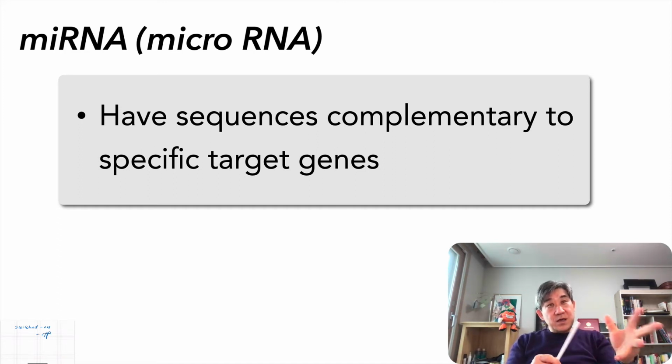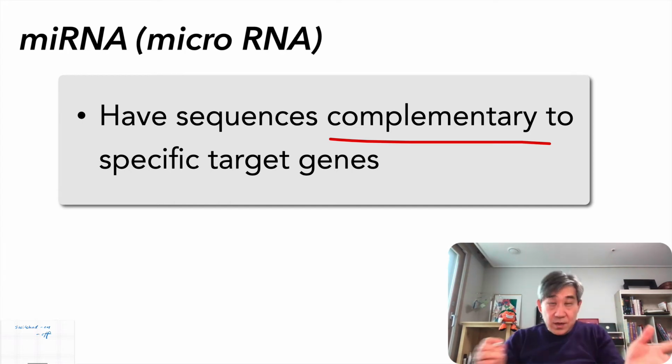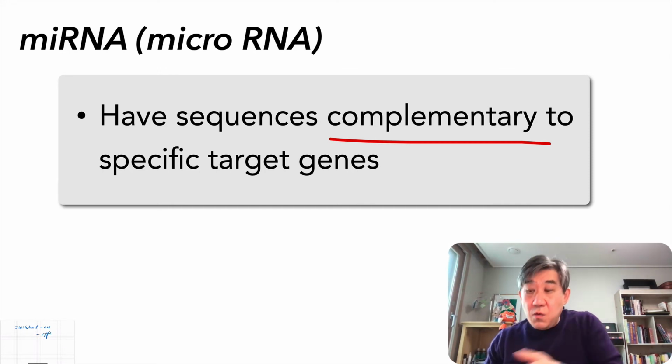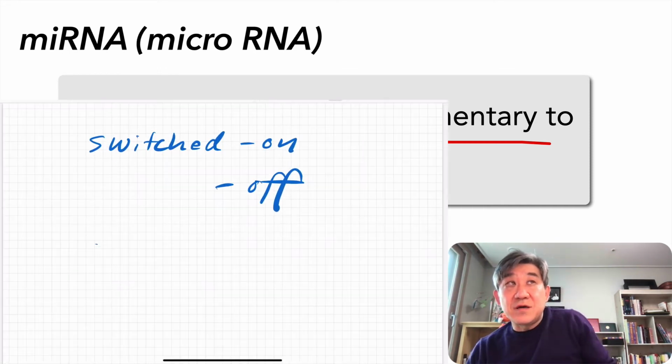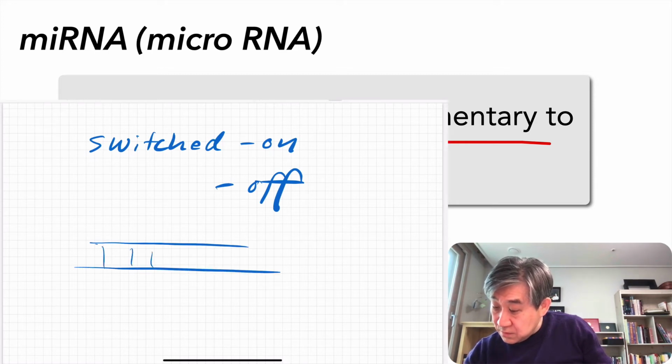And the reason why they can do this gene expression control is that their RNA sequence is complementary to the specific target genes. The way you discover any particular microRNA is from the DNA region.